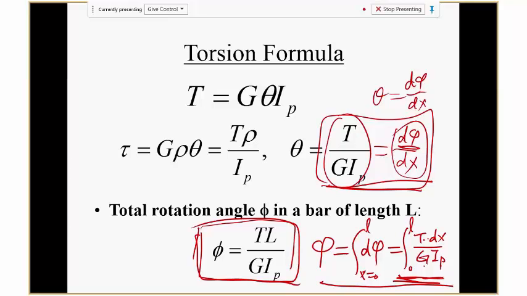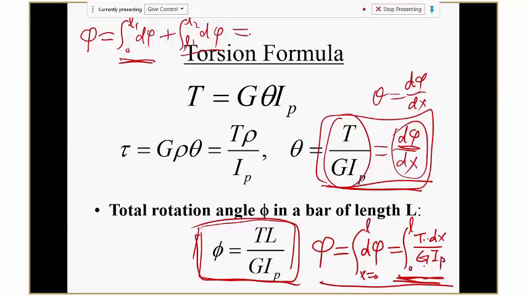So mathematically, let me write here. I can say phi will equal, from 0 to the L1 part, that's the first segment, the d phi, and then plus from L1 to L2 part, the d phi. Mathematically, I can do it that way. In this part, everything is constant, and in this part, everything is constant, so I can throw all this out.